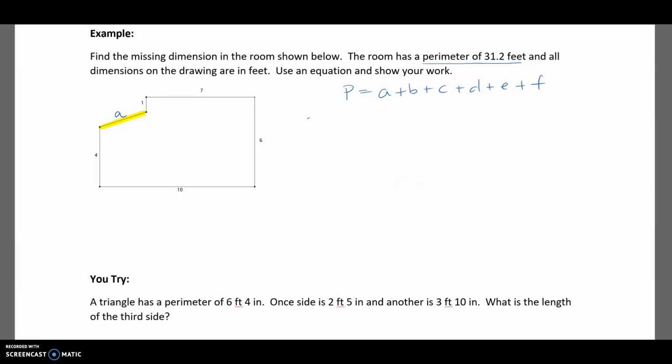So the perimeter of my room is 31.2 feet. I don't know side A, and I do know the other sides. You can label them on your diagram if you like. And I'll substitute those into the equation.